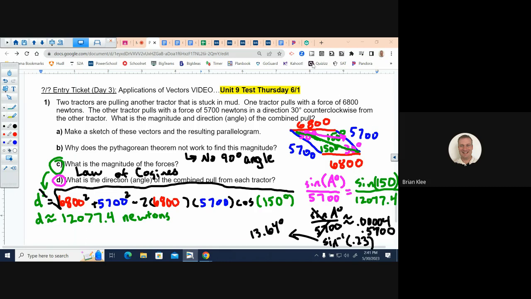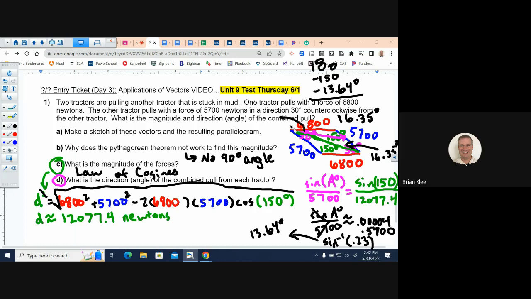So now if I go 180 minus the 150 used up, minus that 13.64 degrees, I will have all the angles in the triangle. 16.35 degrees. So right here in the triangle, 16.35 degrees.